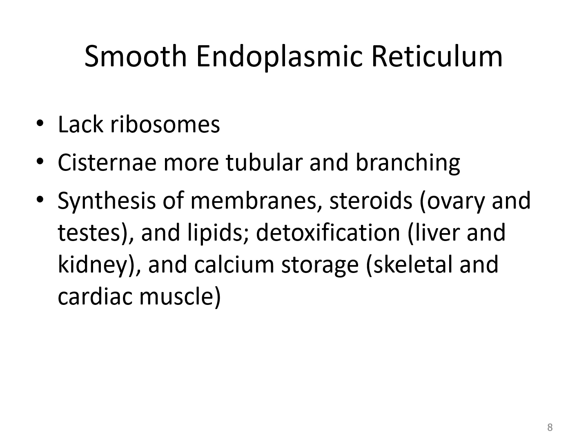And it also functions in calcium storage. And it's important to keep calcium sequestered within the body, and it's only released when we need it. So it's really important for skeletal and cardiac muscle because calcium is going to play a crucial role in muscle contraction.